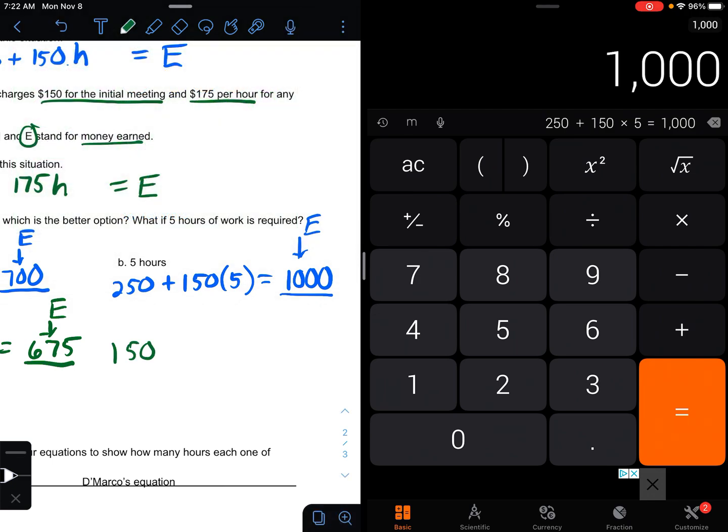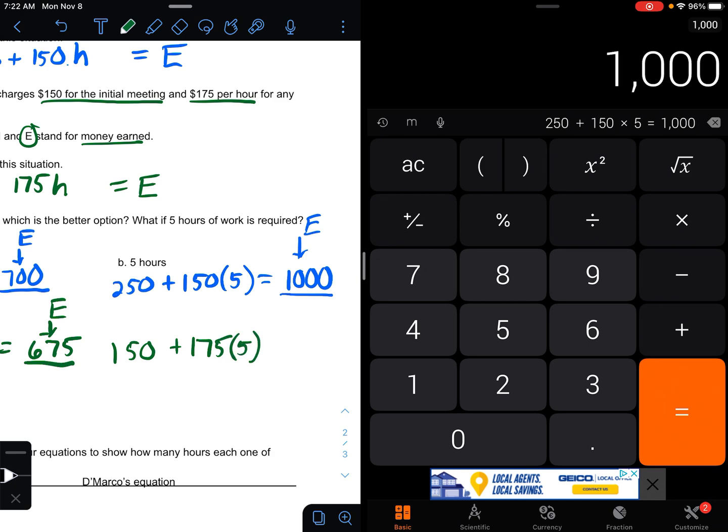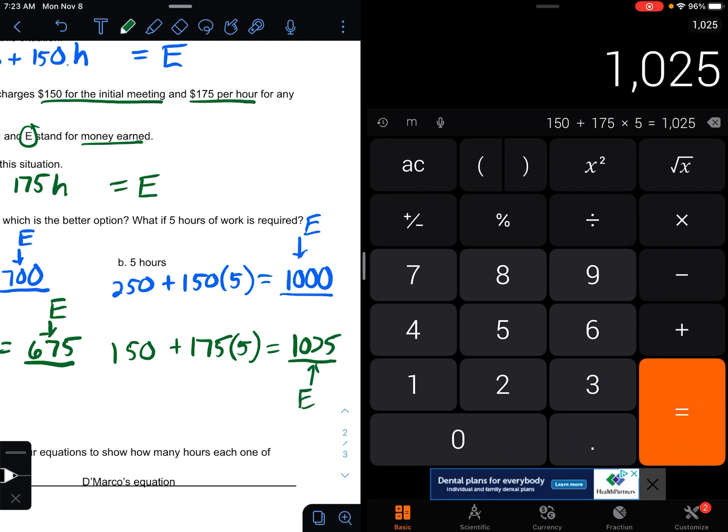DeMarco had 150 plus 175 times the number of hours, and so we'll put 5 in for him. 150 plus 175 times 5 equals 1,025. So this time, he's earned a little bit more for 5 hours.